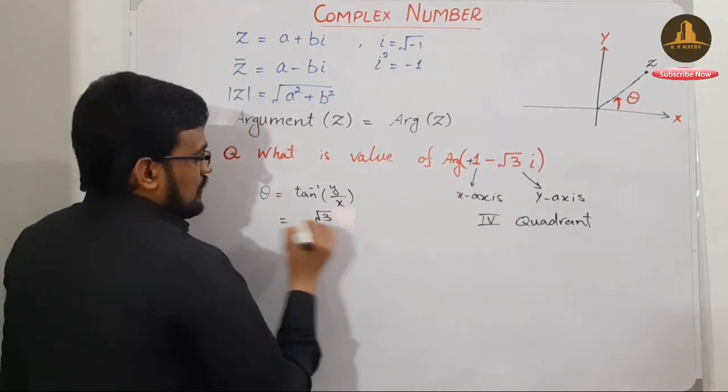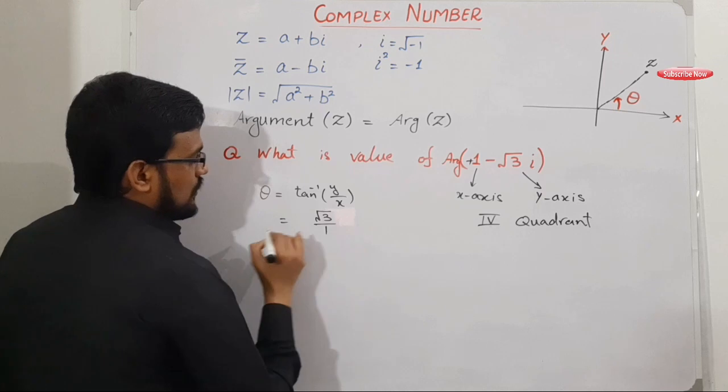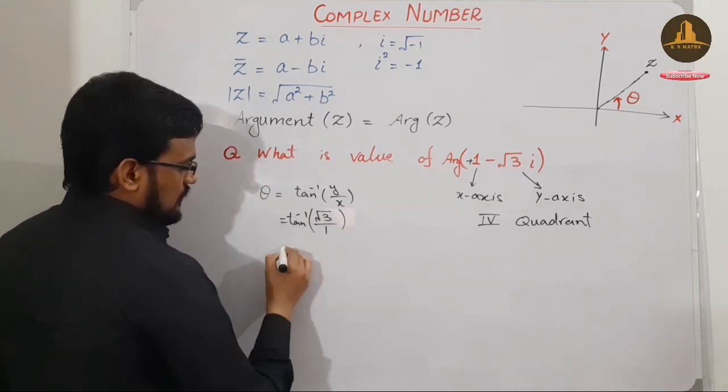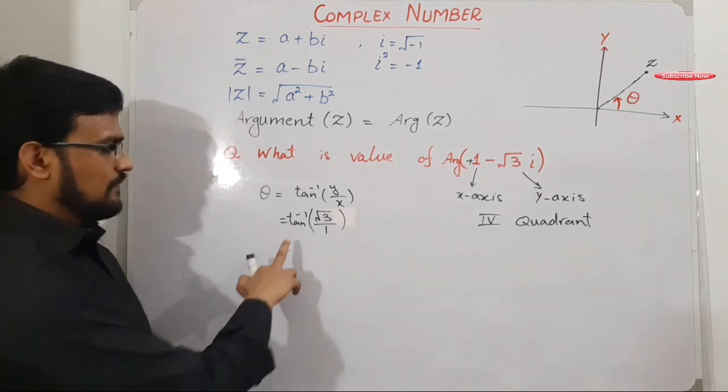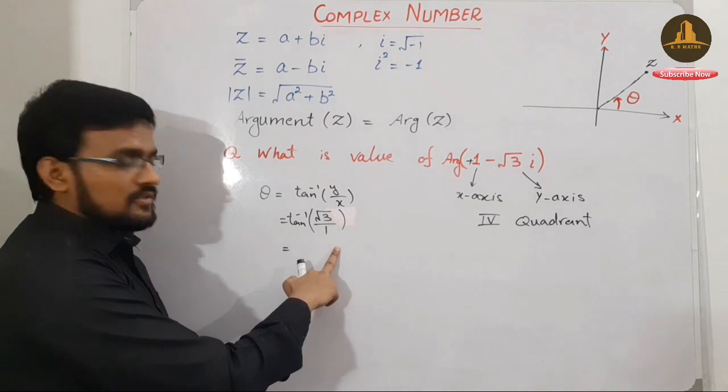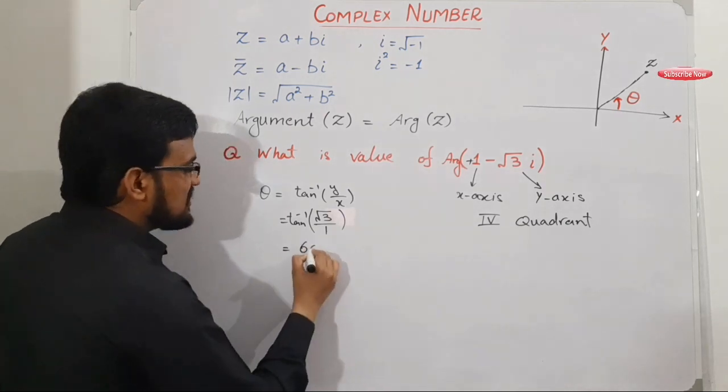square root 3 and x is 1, so tan inverse square root 3. The tan inverse of square root 3 is 60 degrees.